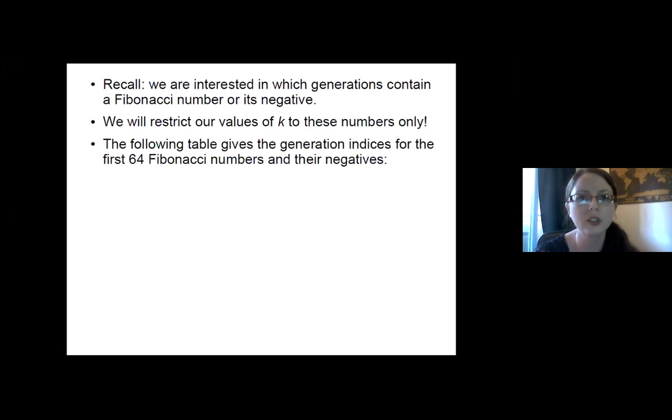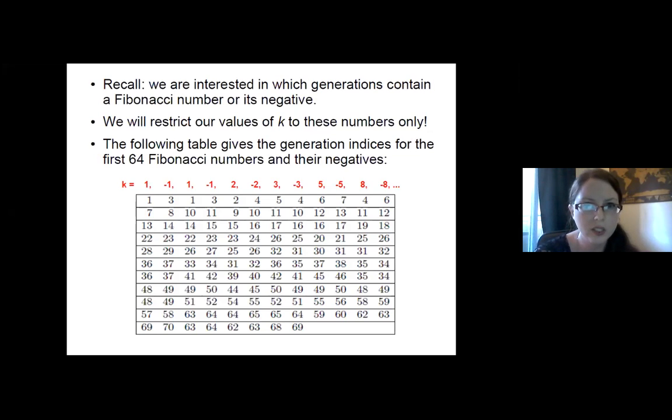So if we restrict ourselves to these specific values only, here's a table for the first 64 Fibonacci numbers and their negatives, and it tells us the generation index. So you can see we're starting with 1, 1, 2, 3, 5, 8, and the negatives, and we're reading across the rows. So the next row would be the location of 13, negative 13, 21, negative 21, and so on.